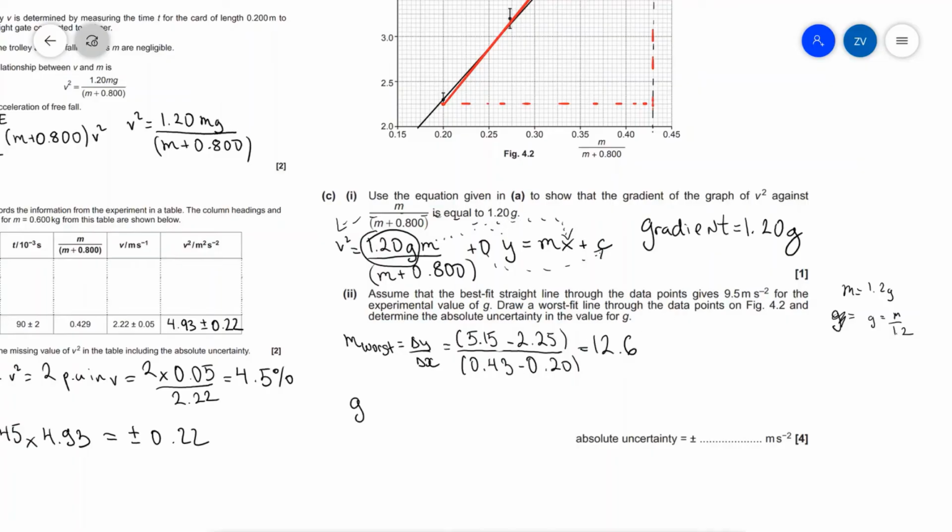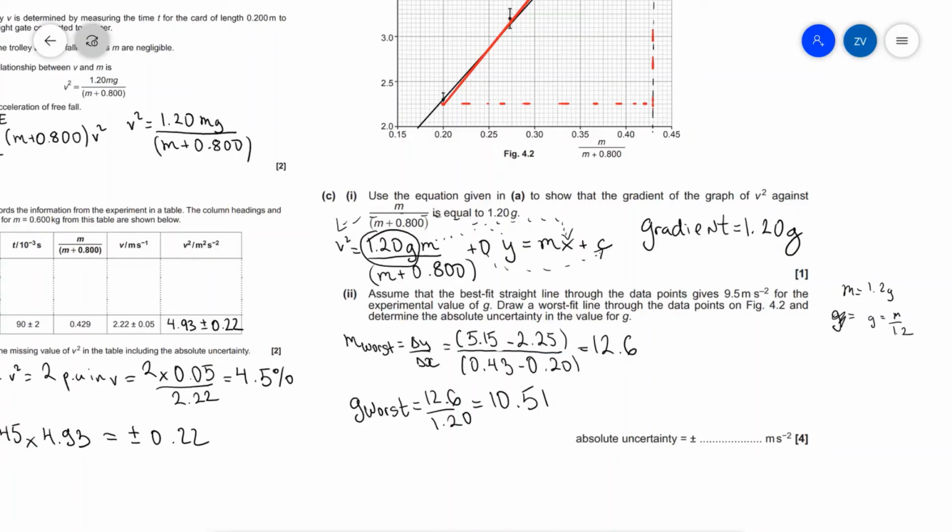Therefore, rearranging for g worst, let's call it, this will be equal to our gradient, which is 12.6 divided by 1.2, and if we just divide that number by 1.2, we're going to get about 10.51 for our worst acceptable fit for g.